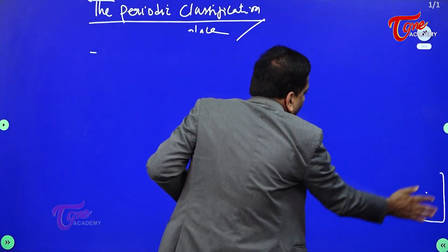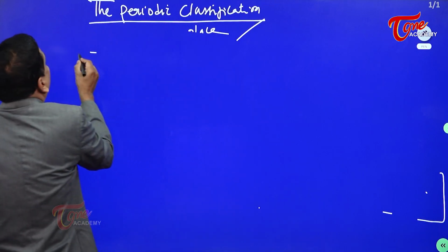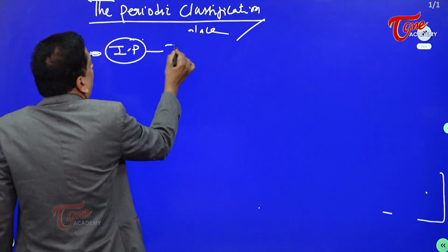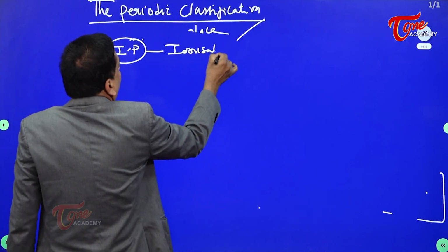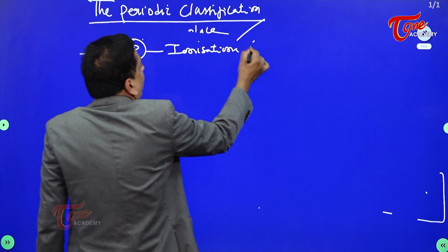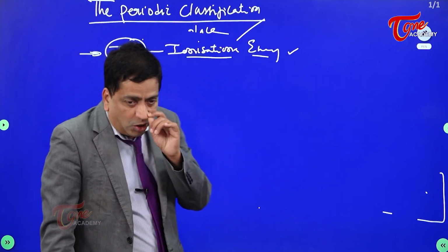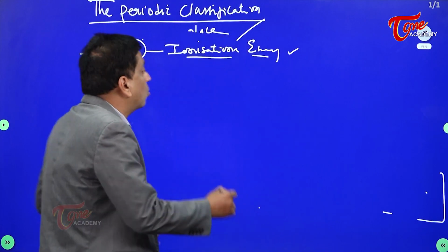Here are the important points. Ionization potential, or I call it ionization energy. Ionization energy again is inversely related to size.